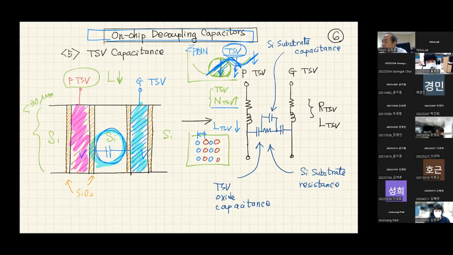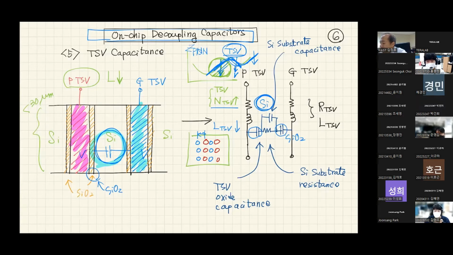If we look more carefully inside, we have some capacitance formed by the silicon oxide film surrounding the TSV metal, that is here. Silicon oxide. Also, silicon itself has some capacitance.